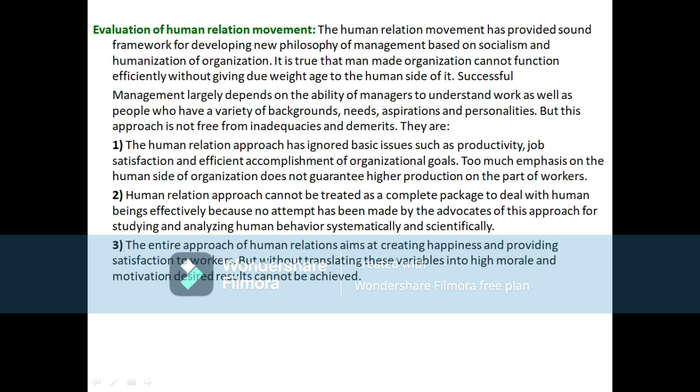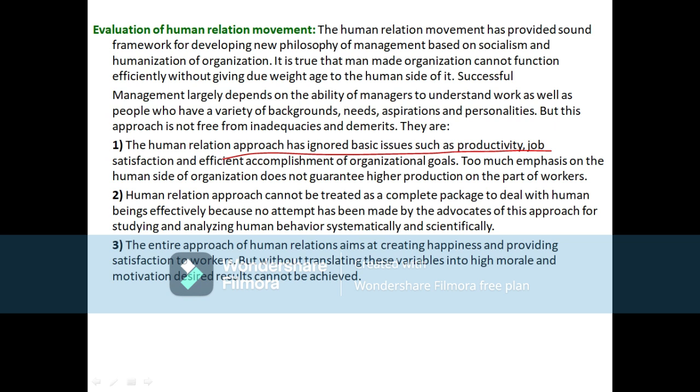Now if you want to evaluate the human relations movement totally, first of all, the human relations approach has ignored basic issues such as productivity, job satisfaction, and efficient accomplishment of organizational goals.